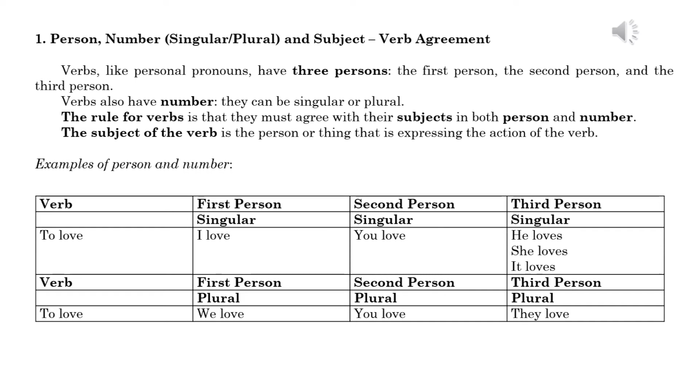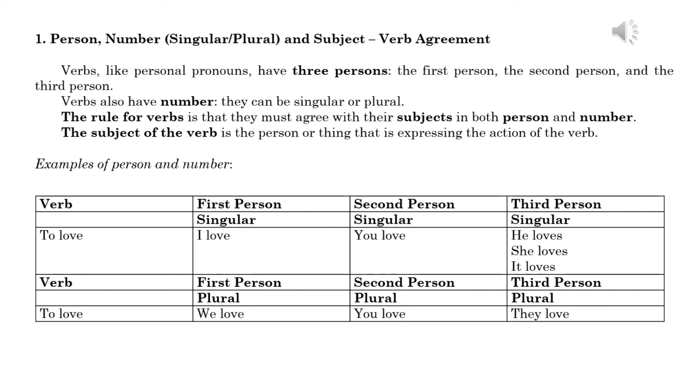Verbs also have number. They can be singular or plural. The rule for verbs is that they must agree with their subjects in both person and number. The subject of the verb is the person or thing that is expressing the action of the verb.